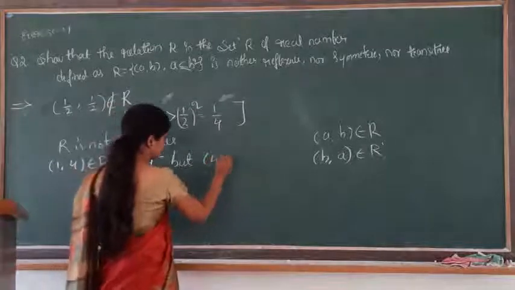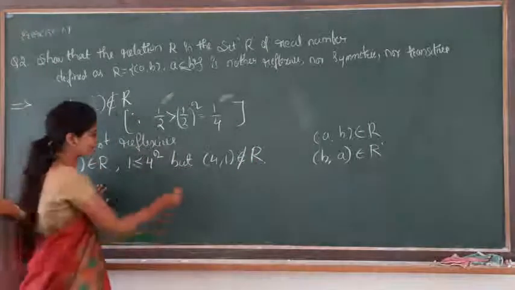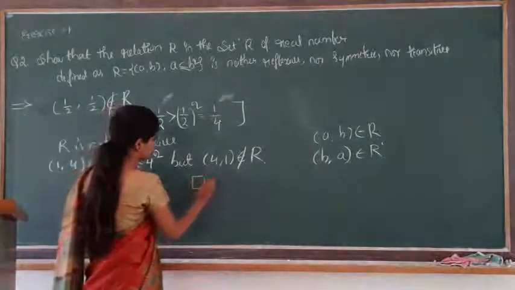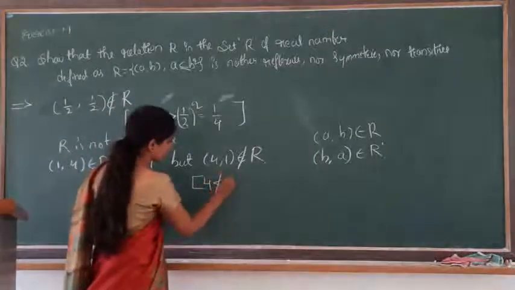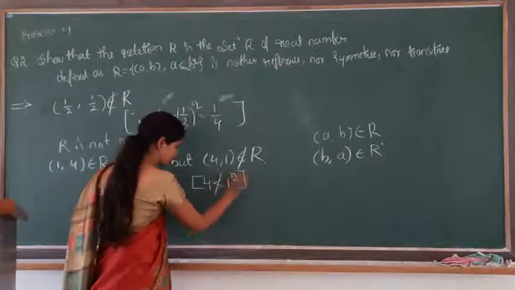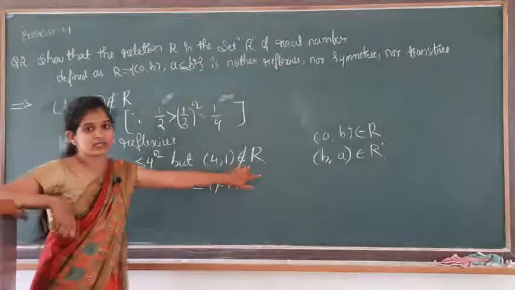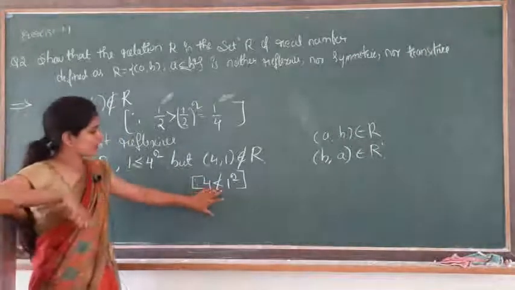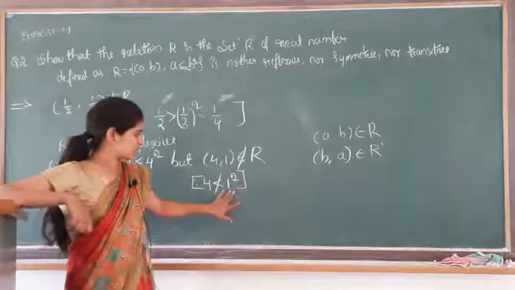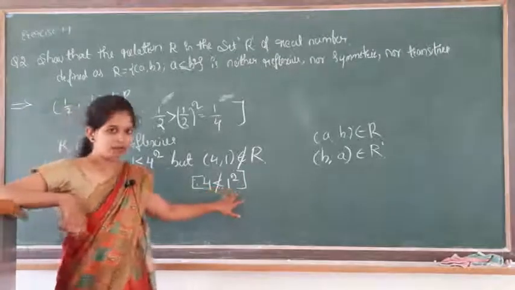But (4, 1) does not belong to R. Why? Because 4 is not less than or equal to 1 square. 1 square is 1 and 4 is always greater than 1.